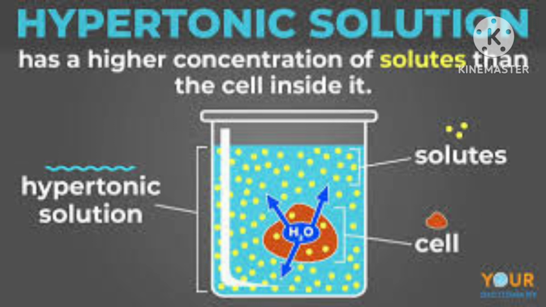Then I have told you what will happen: if we place the cells in a solution containing more than 0.9% sodium chloride, water will flow out of the cells and they would shrink. That blood cell will shrink.